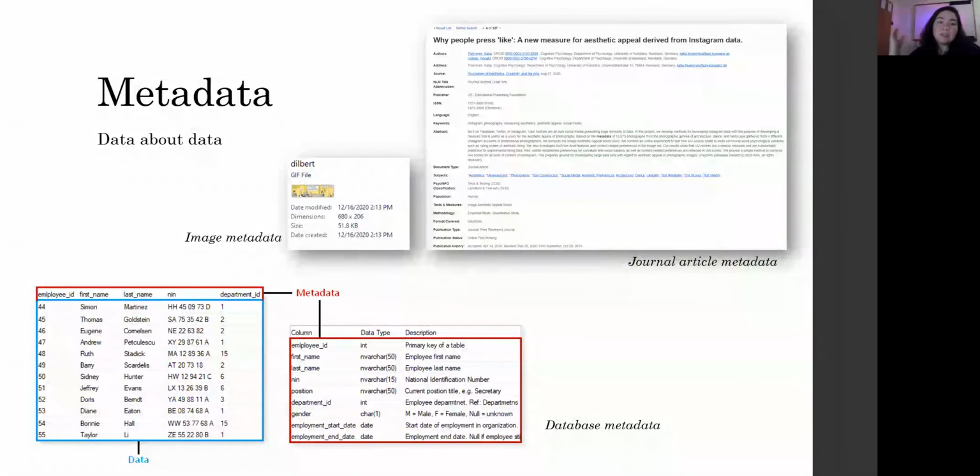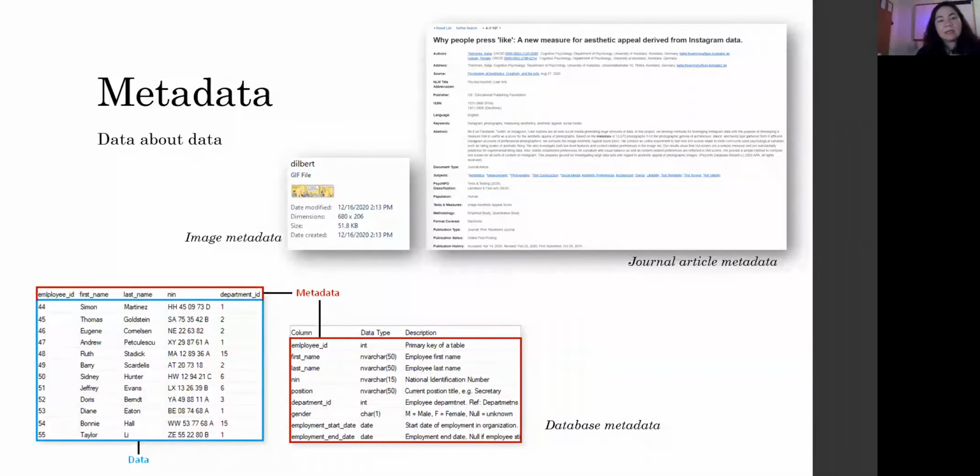When you do research, you can see all the metadata on the articles themselves. So you get the titles, the authors, what journal it is published in, all that kind of good stuff, including the abstract. For our purposes, for databases, the data are the actual things like the names.